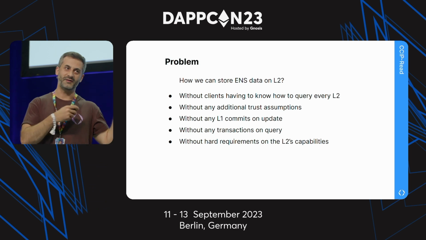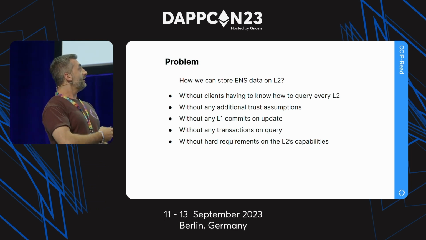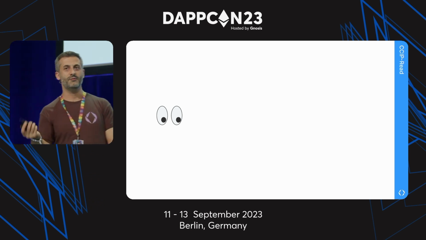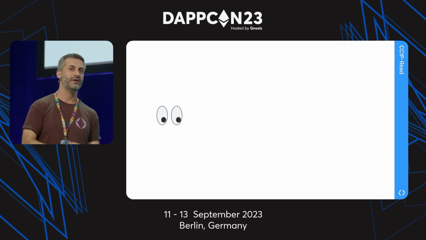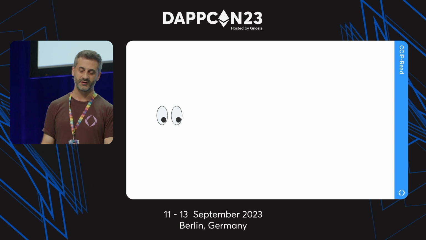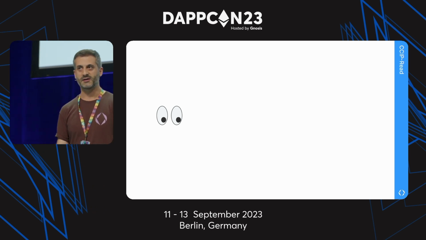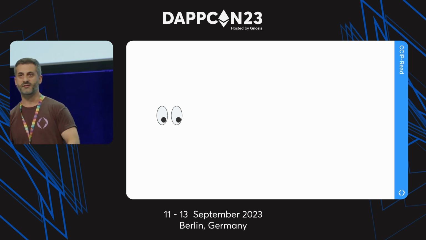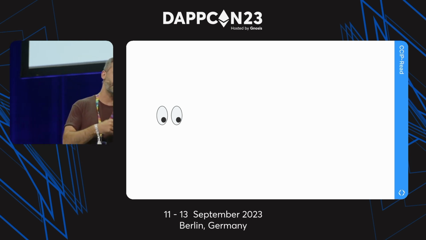It seems not that easy. And we started to check the ecosystem, and we were like, okay, what can we do about that? And the first thing we found is that there are bridges already between the L1 and L2. So you can move the assets from one to another.